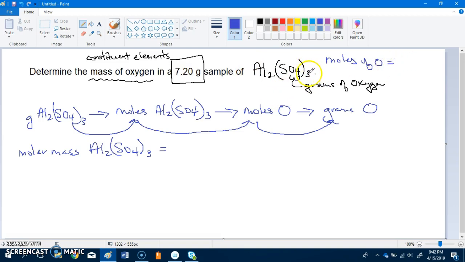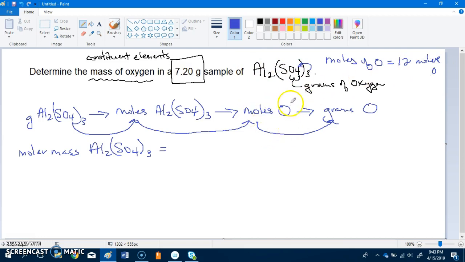It's just going to be 4 oxygens. We have 4 oxygens here times this 3 gives us altogether 12 oxygen in aluminum sulfate, which also means that there are 12 moles of oxygen. So for every mole of aluminum sulfate, there are 12 moles of oxygen.